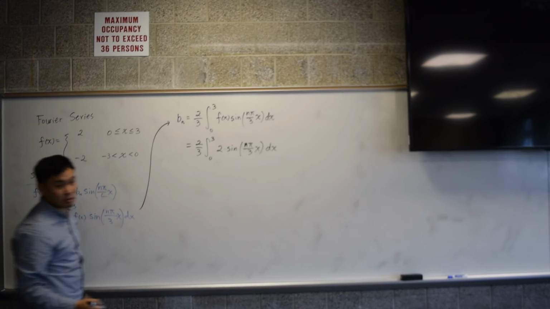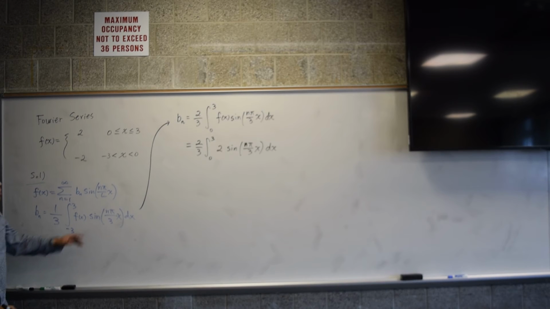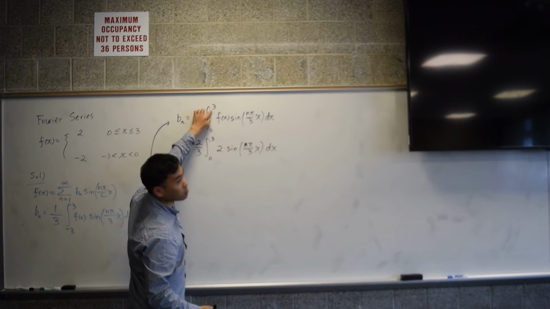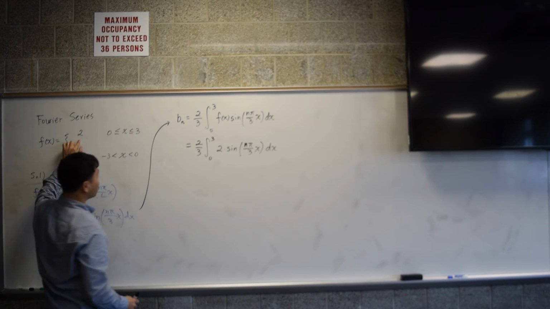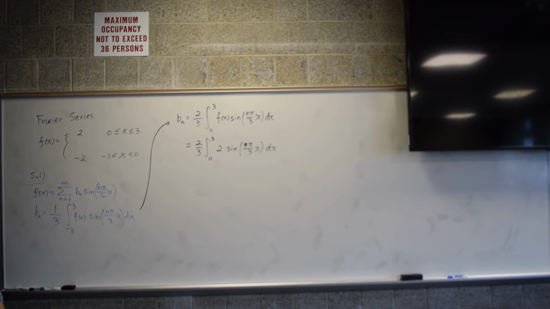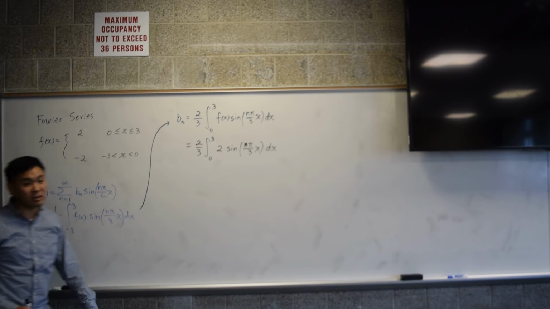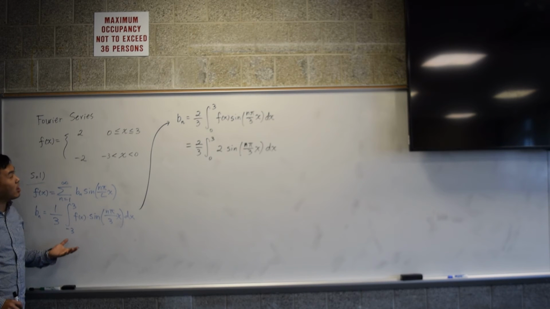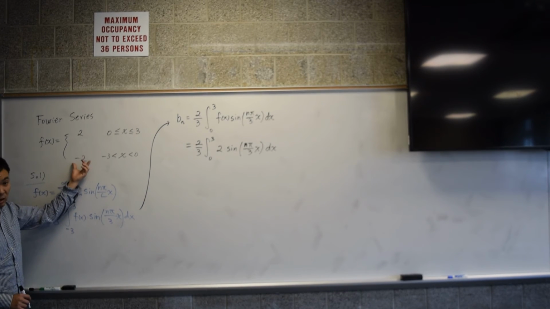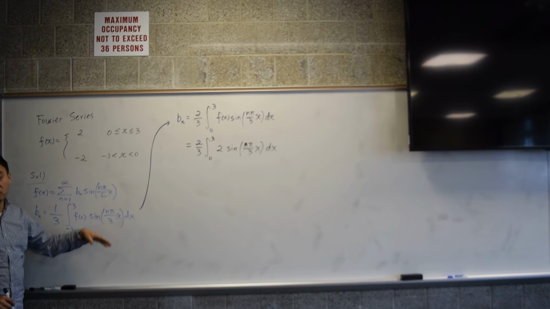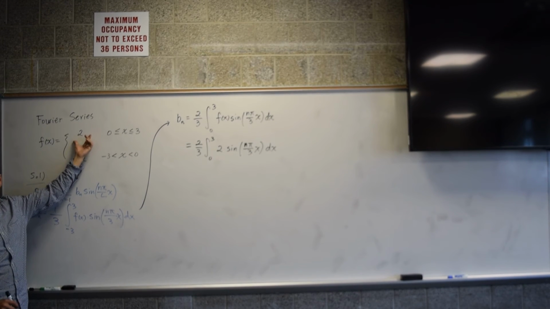Why can we replace it with 2? Because in this interval from 0 to 3, the function is always 2. Now, if we did not use that trick, the only other way to calculate this integral would be to split it into 2 intervals: the integral from -3 to 0 using the value of -2, and the integral from 0 to 3 using the value of 2.